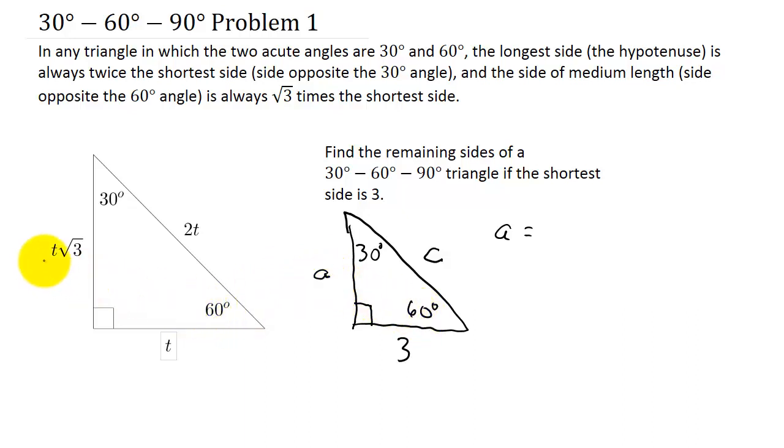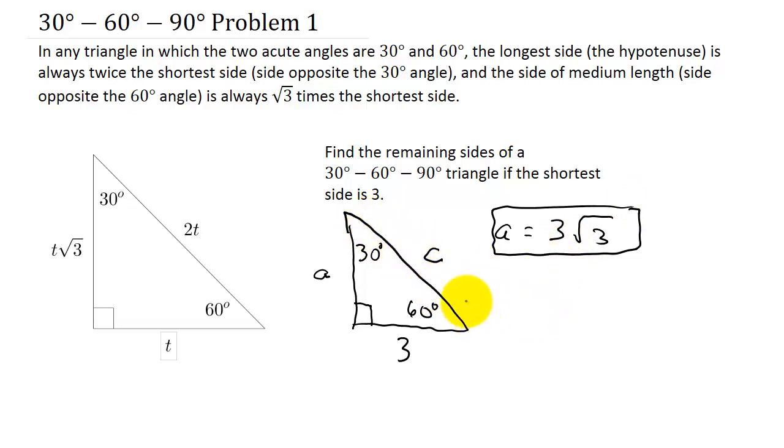So A is equal to T times the square root of 3. In this case, T is 3, so that's 3 times the square root of 3. And this is the length of the side opposite the 60 degree angle.